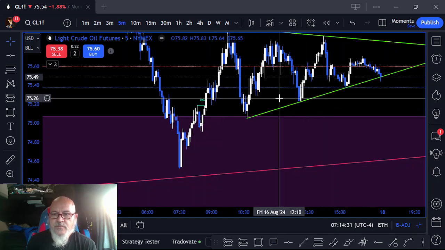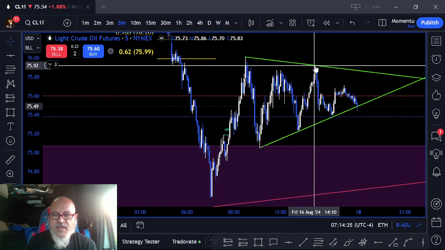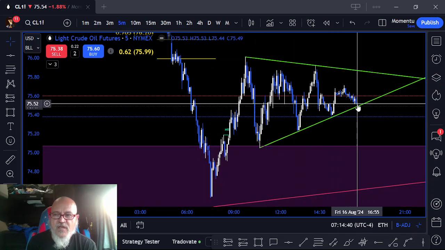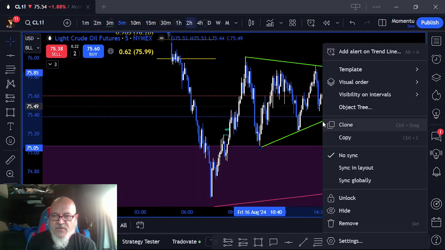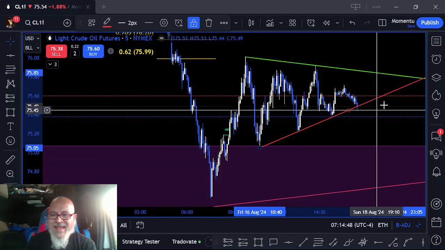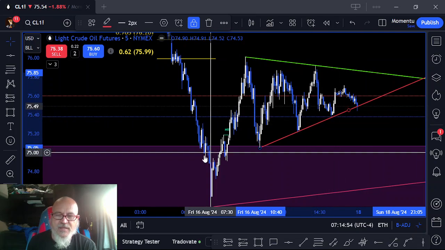On the 5 minute, we have one touch to the upside, but we have three touches now to the downside, and it should actually be red.